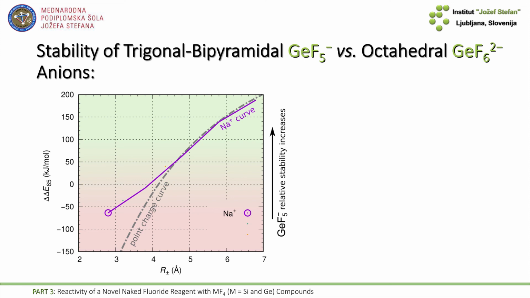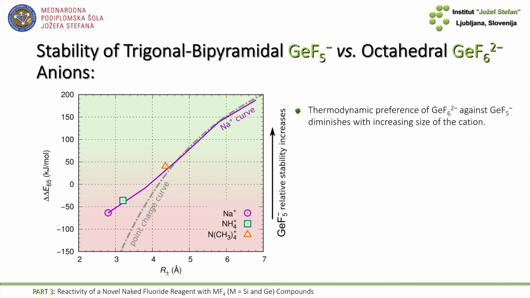And if you do this, you can see sodium as a really small cation can get really close to the anion, and the energy difference is quite negative. Ammonium, slightly bigger, cannot get as close. The energy difference decreases a little bit, and in the case of tetramethylammonium cation, it comes up to the positive values.